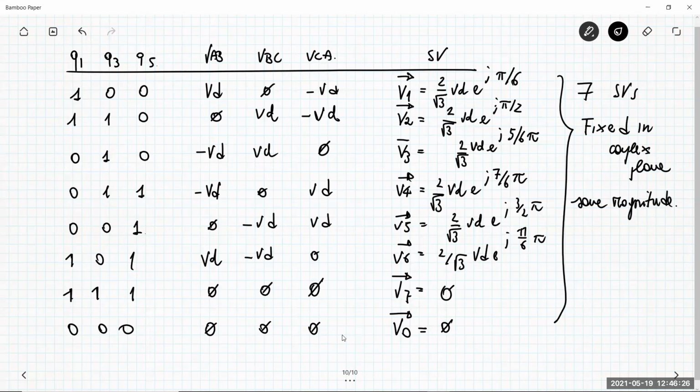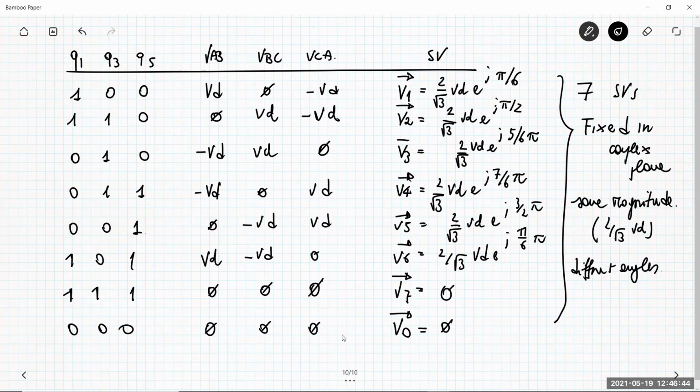The magnitude is 2 divided by square root of 3 multiplied by VD, but different angles.